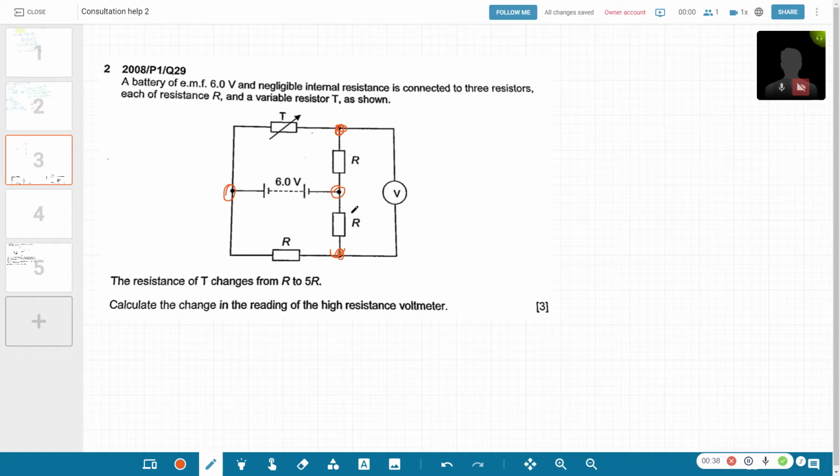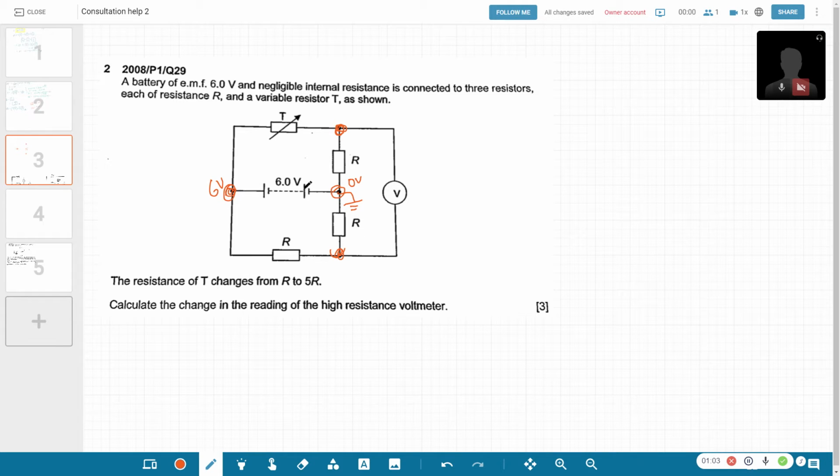Okay. So generally, we can let one of the nodes be 0 volts. And here it will be 6 volts because the EMF source will cause a potential difference of 6 volts and will cause an increase, a potential gain. For resistors, it will cause a potential drop.